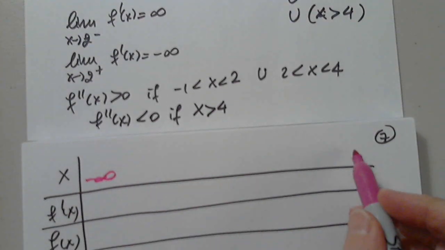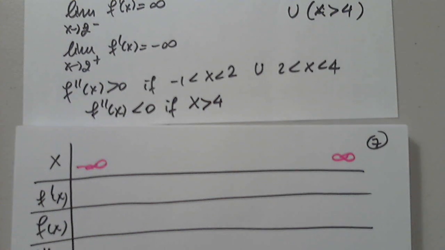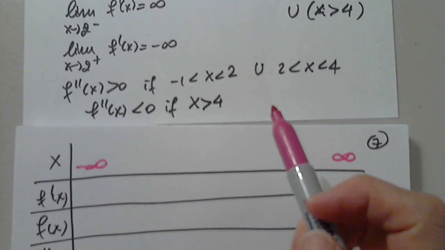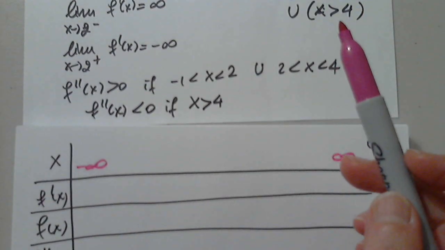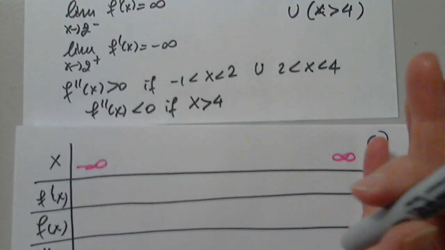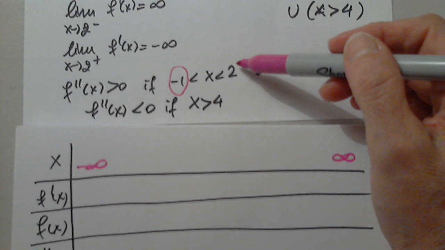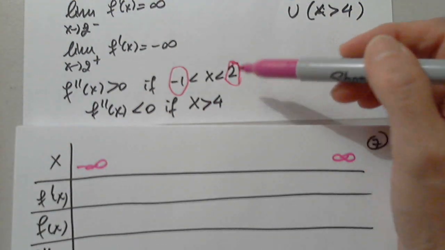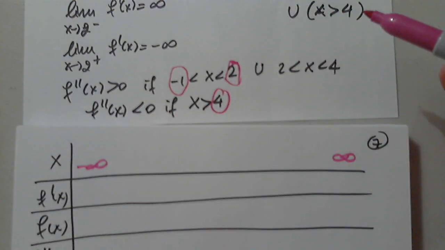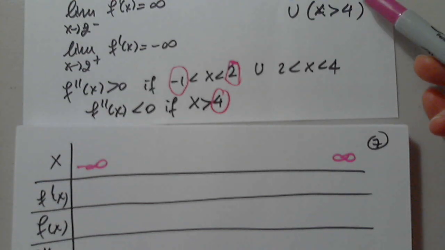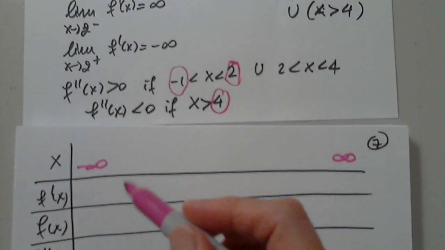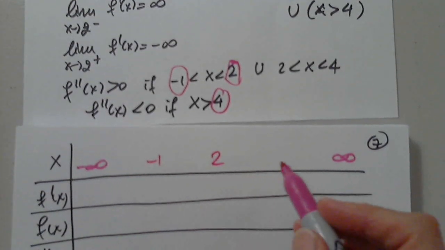So -infinity to infinity. So I'm going to look at these numbers. So let's see what numbers we have. We have -1. We have 2. We have 4. That's pretty much it. -1, 2, and 4.